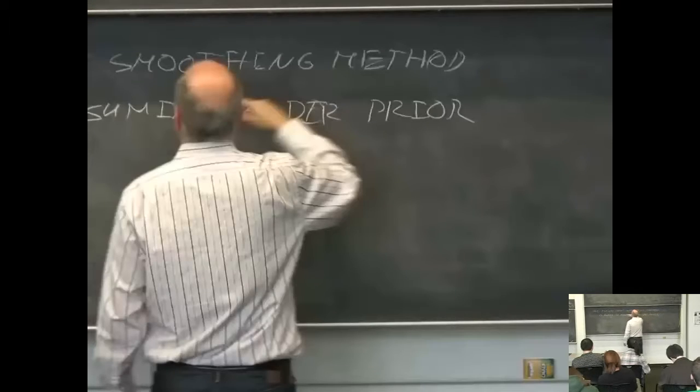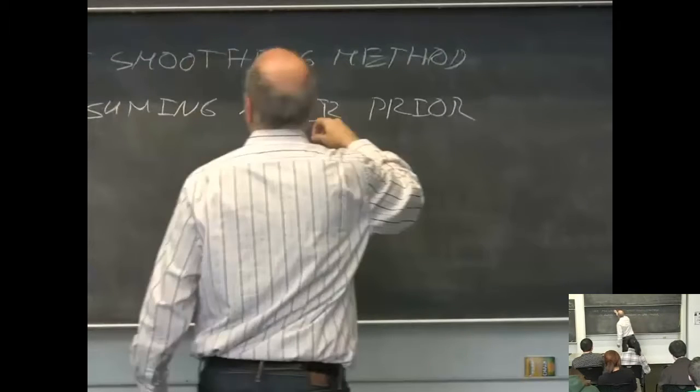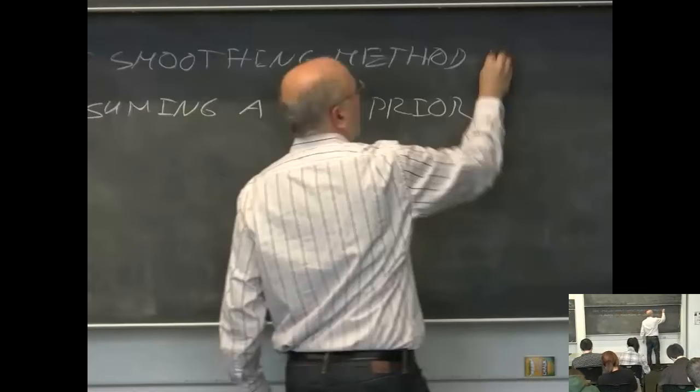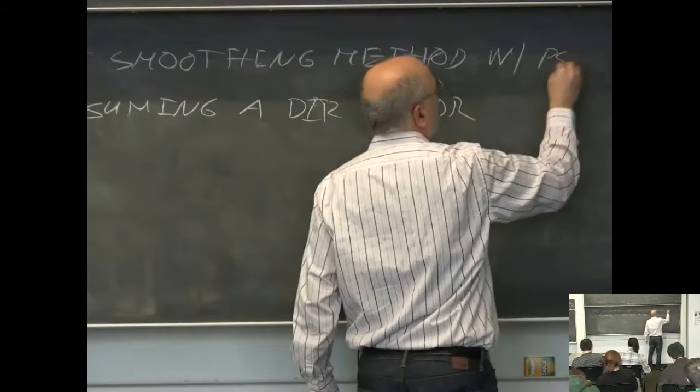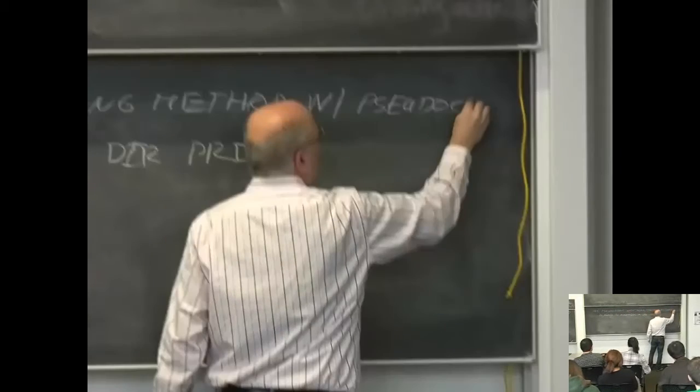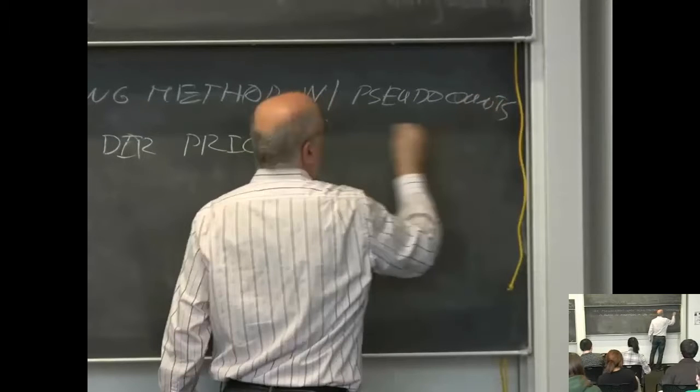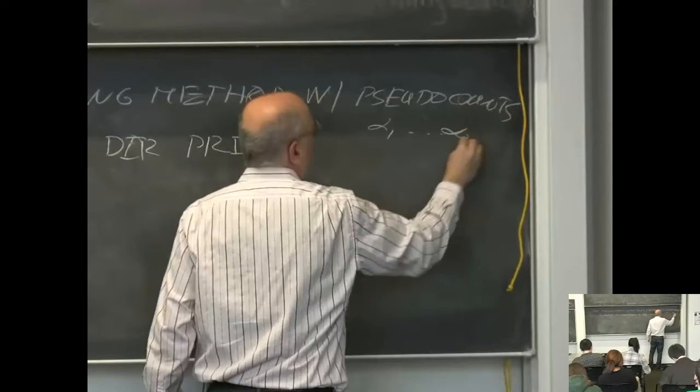So the pseudo-count smoothing method with pseudo-counts alpha 1 through alpha n.